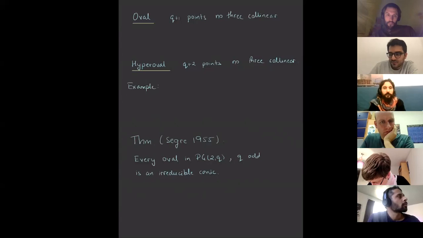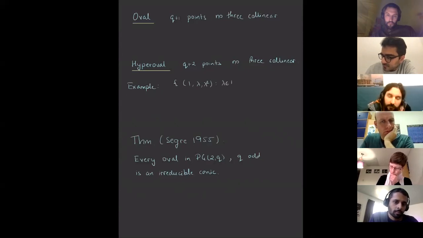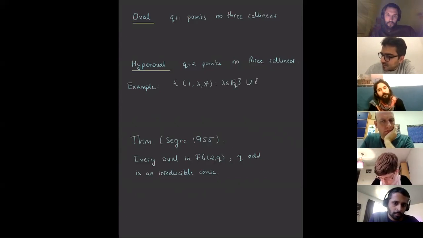Of a hyperoval. These objects do exist when q is even. Here is a quick example. Take all of these points, and 1, 0.